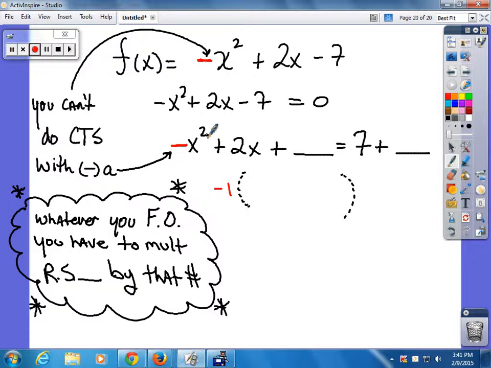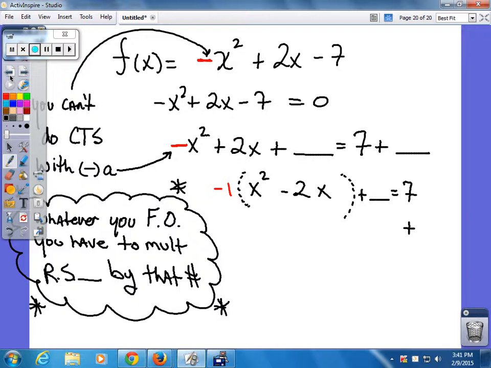What's negative x squared divided by negative 1? And there's our nice positive x squared that we need. And what's 2x divided by negative 1? And then plus blank is equal to 7 plus, hold on a minute, negative 1 times blank.